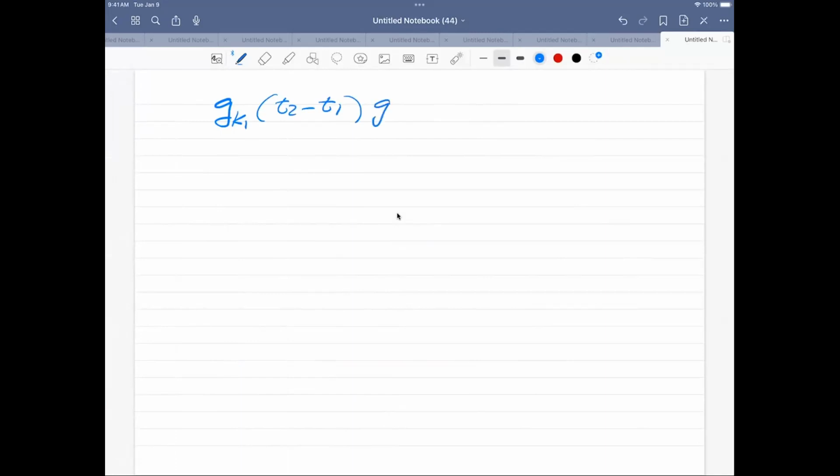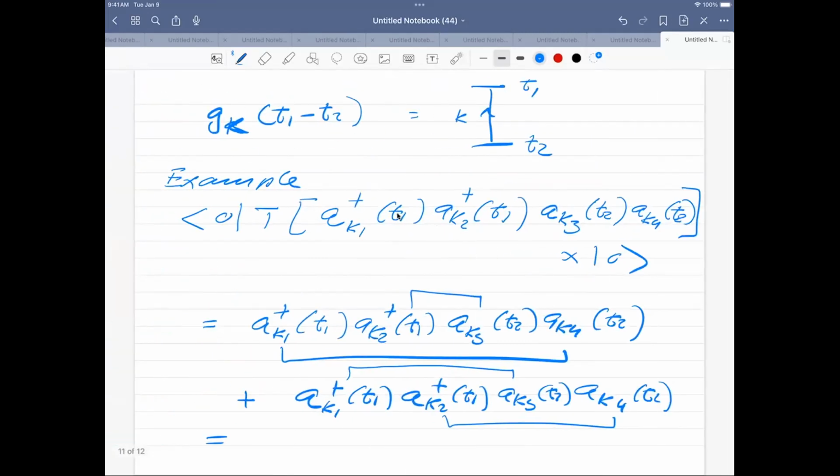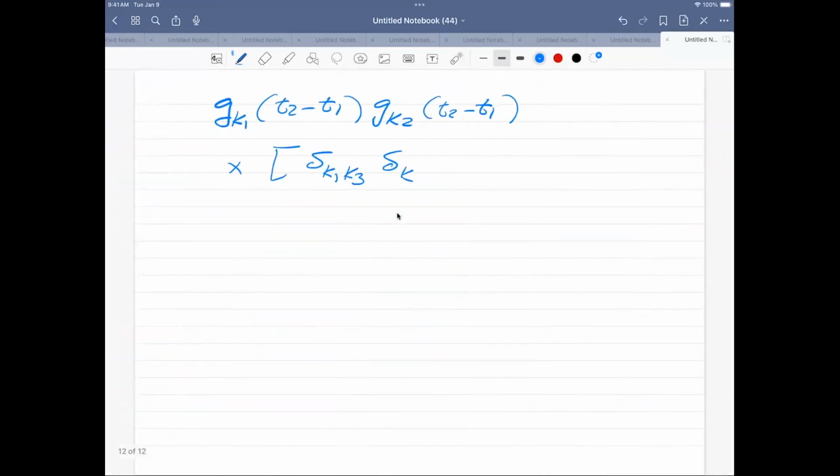And then I have a G of K2 here, and this is given by T2 minus T1. And then this is again multiplied with a Kronecker delta of K1, K4, multiplied with a Kronecker delta K2, K3.